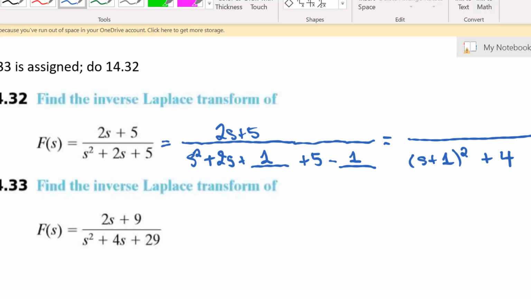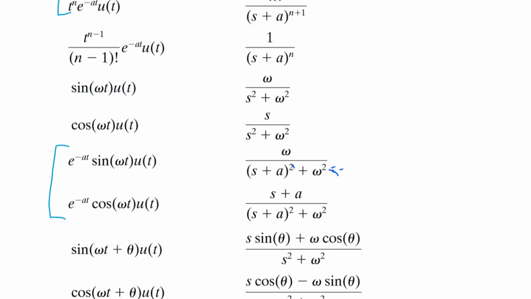The other thing, so we do have an s in the numerator. The thing is, I don't just want to write 2s plus 5, because if you look at this table, when you have s plus a as part of the denominator completing the square, your numerator needs to match that. It also needs to be s plus a.